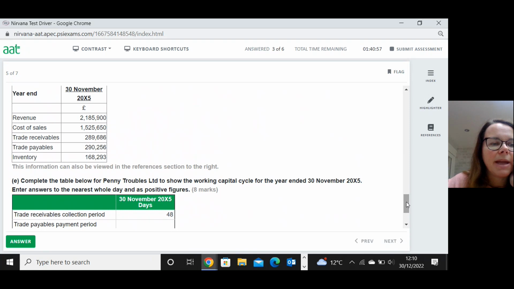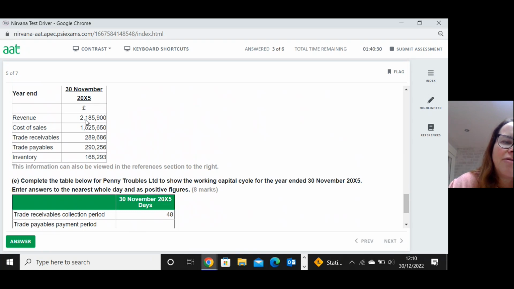Trade payable payment period is trade payables divide by cost of sales times by 365. The way I remember these, by the way, is whichever one it is, you start with that number. So trade receivables has got trade receivables on the top. Trade payables has got trade payables on the top. I then think for the trade receivables collection, well, it's to do with customers, which is to do with sales.